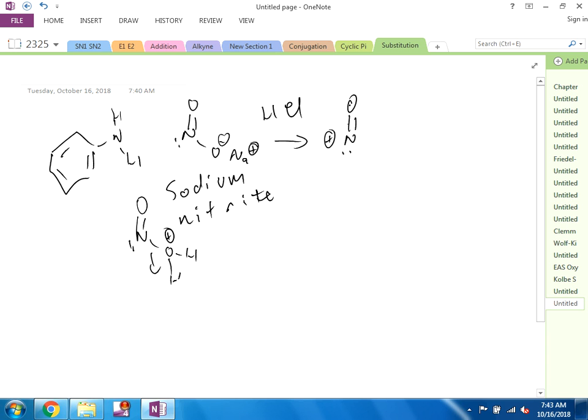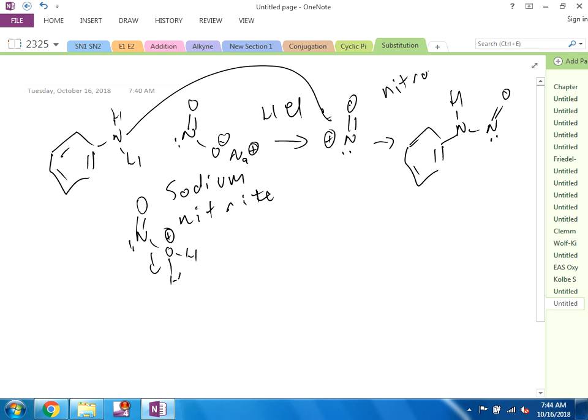So this thing is the thing that attaches to this nitrogen, and I'm going to get rid of the extra hydrogen on the nitrogen just to neutralize things right there. So this one is a nitrosamine, and this is technically the carcinogen right there, right?